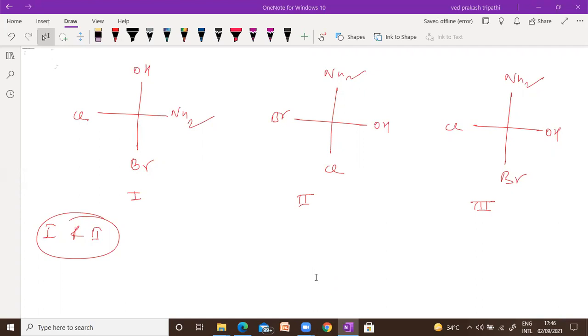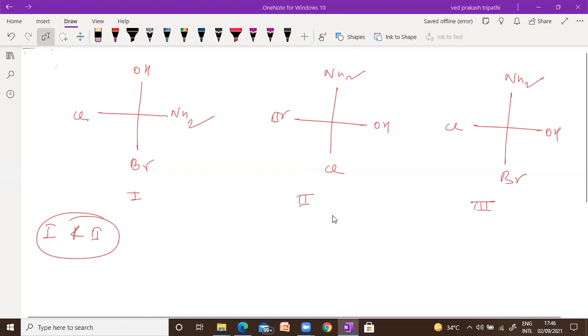Even. Very good. Fantastic. What about second and third? Odd, enantiomer. Very good. What about first and third? Perfect. Now you can see this is very easy for you.